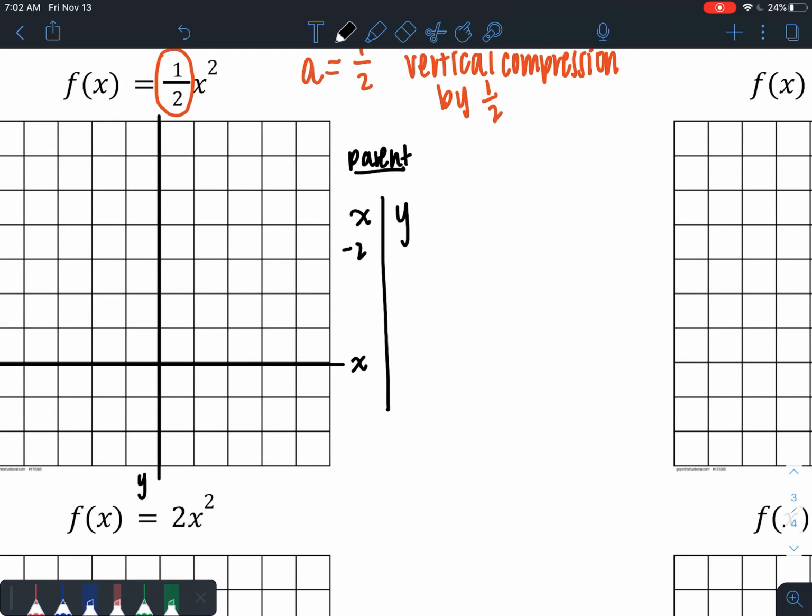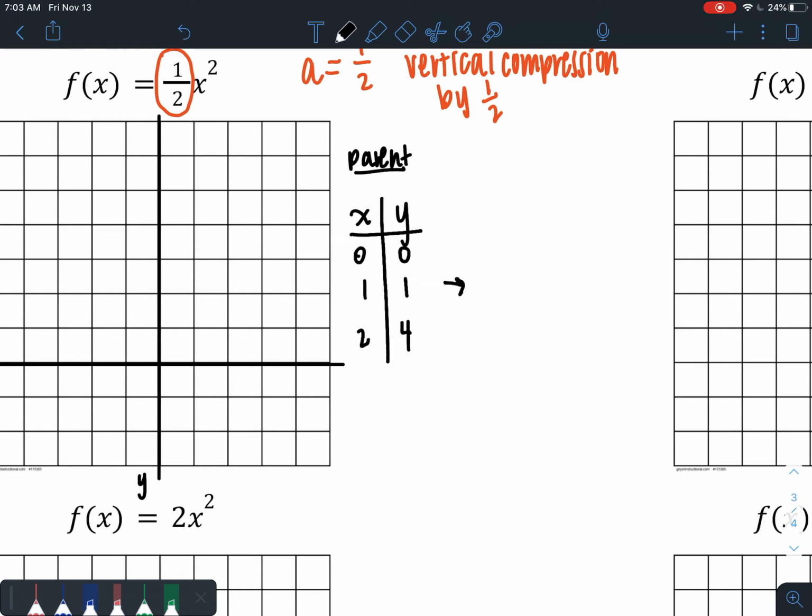We're only going to do 0, 1, and 2. Okay, so we had 0, 0, 1, 1, 2, 4.